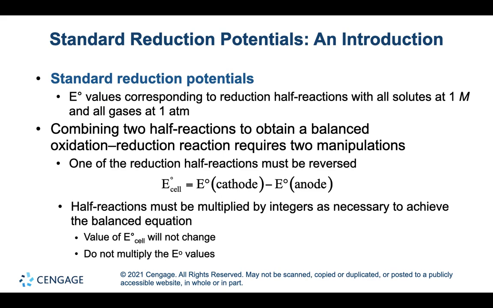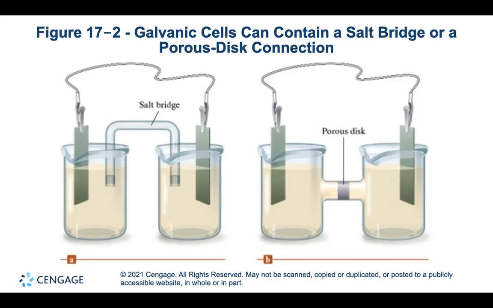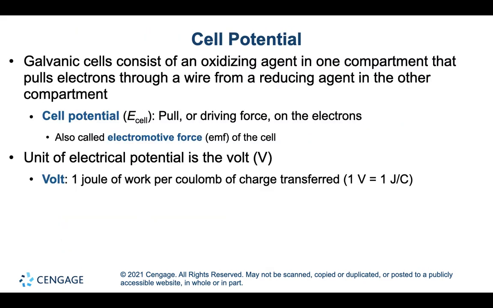or the voltage you would generate if everything was in standard state: 1 molar for all the ions, 1 atmosphere for all the gases, all the solids in the solid state. Like these solid electrodes, these pieces of metal would need to be in the solid state.